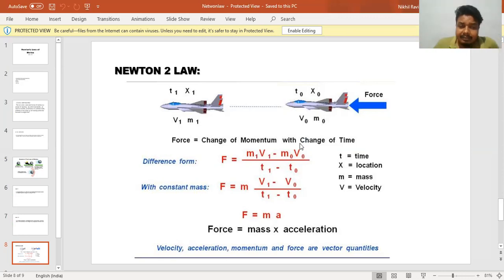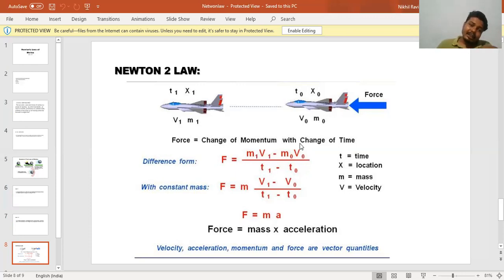Then the force, in the second law, is the change of momentum with the change of time. That means momentum will change with respect to the change of time. How can we say that? There are two forms: one with initial velocity, initial mass and initial time, and another with initial locations.